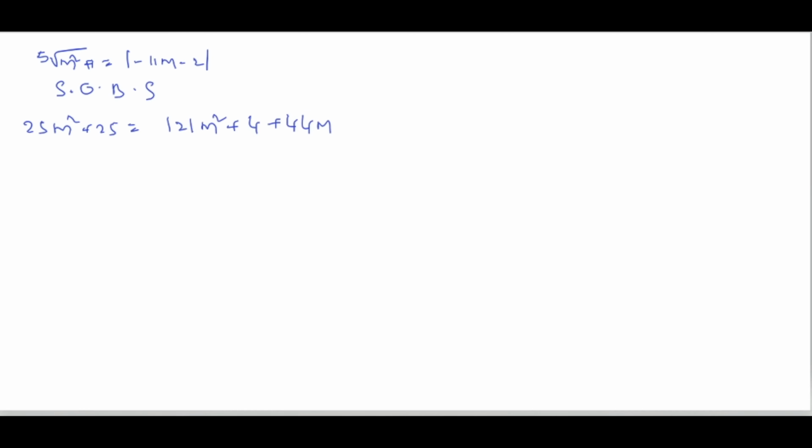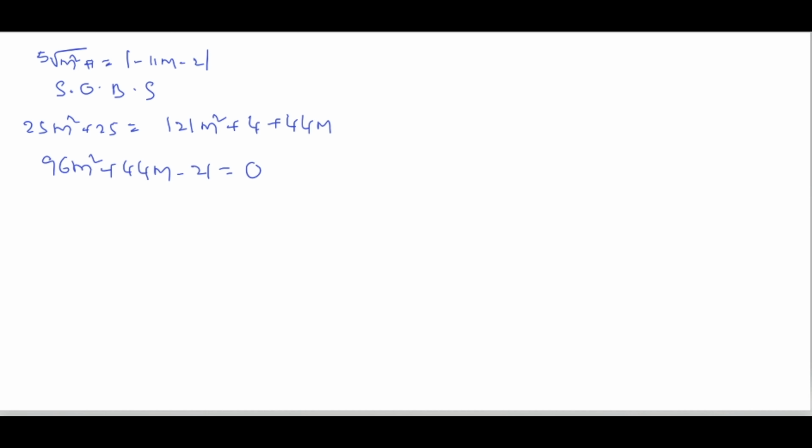Now we take cross multiplication, that is 5 into root over m square plus 1 is equal to modulus of minus 11m minus 2. Squaring on both sides, that is 25m square plus 25 is equal to 121m square plus 4 plus 44m. Here 121m square minus 25m square is 96m square plus 44m plus 4 minus 25, that is minus 21, is equal to 0.